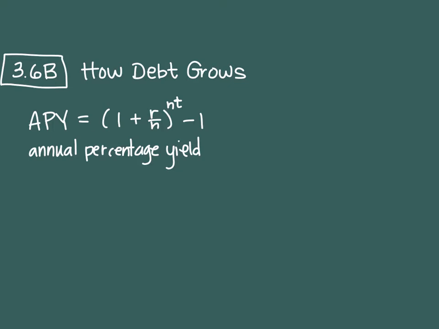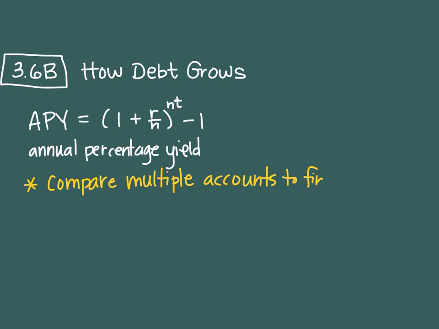What the annual percentage yield allows you to do is to compare different accounts and to find out which one is better for you. All right, so it allows you to compare multiple accounts at the same time to figure out which one is to the best advantage for you. And you always want to find the best APY.